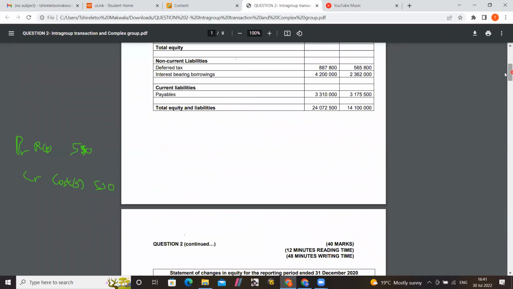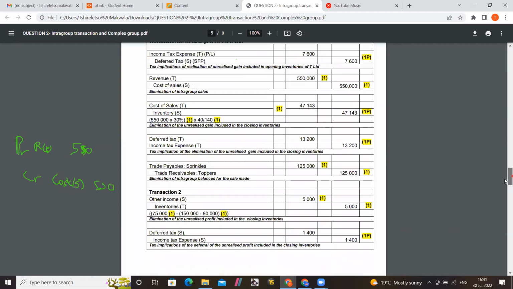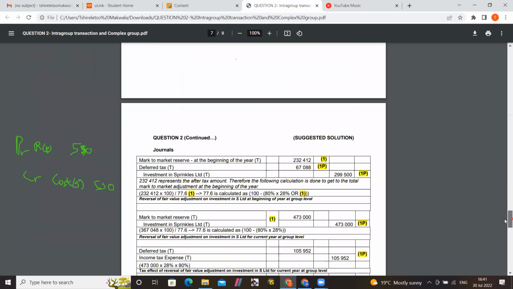So let's take that 6 million, minus this journal entry that they did here, minus the 299,500, minus 473,000, right? Minus that, you'll see the amount that you actually get here.